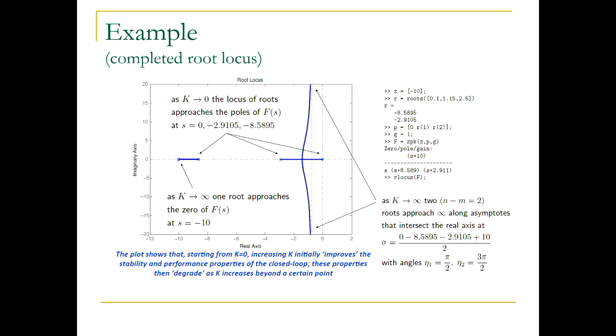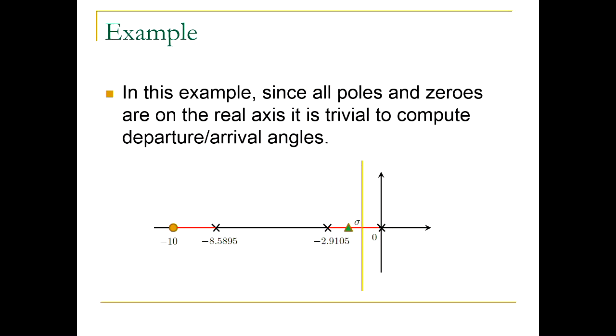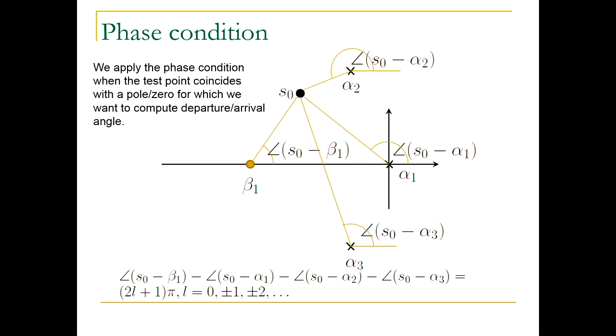So we are running out of time. For this example, we did not need the departure angles because it was trivial in this case. But please cover this. It's a very simple application of the phase condition. If I have a pole like this, and I want to determine whether the root locus goes in this direction or that direction, I can calculate which direction it goes by using the phase condition.